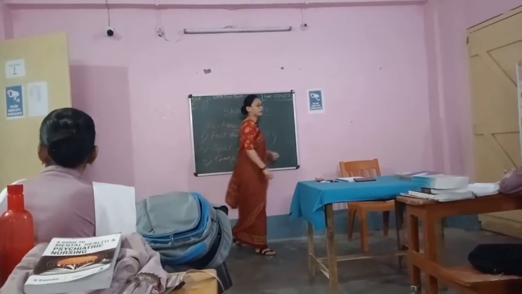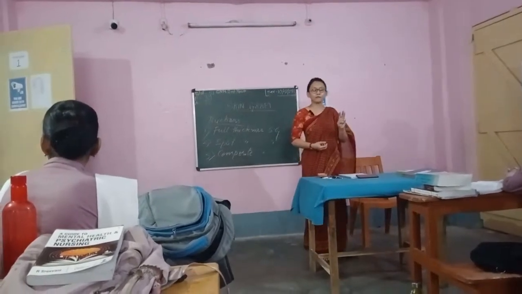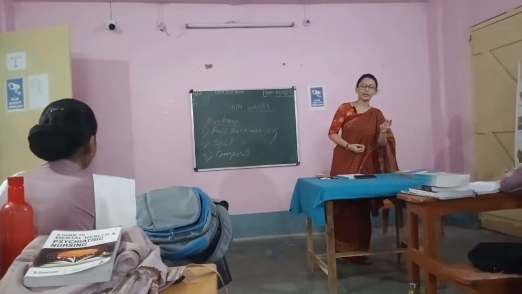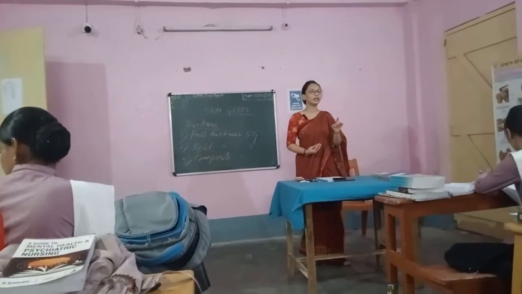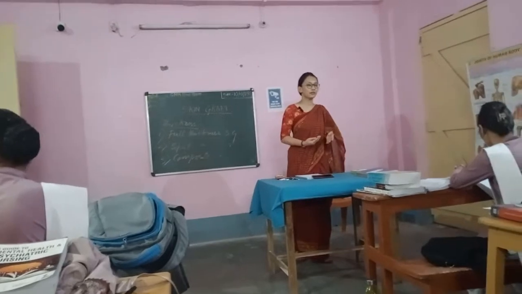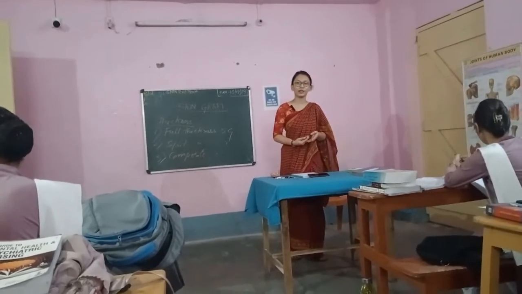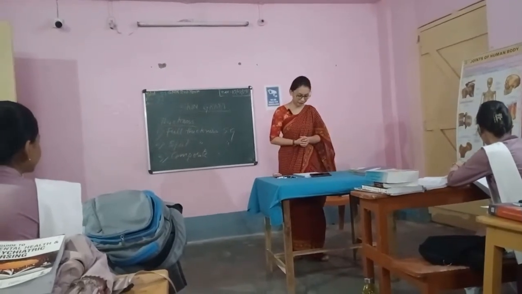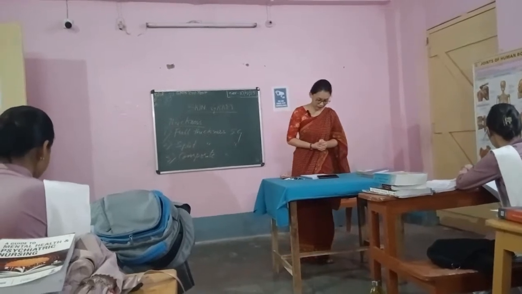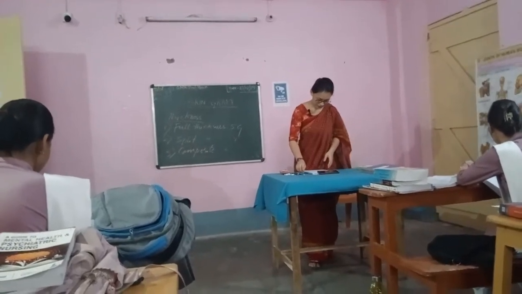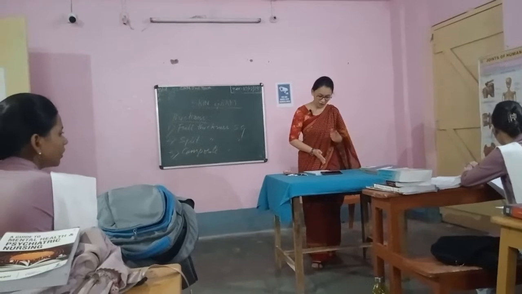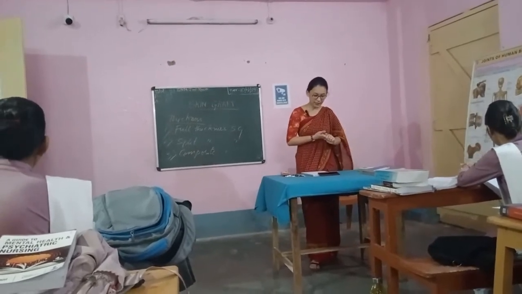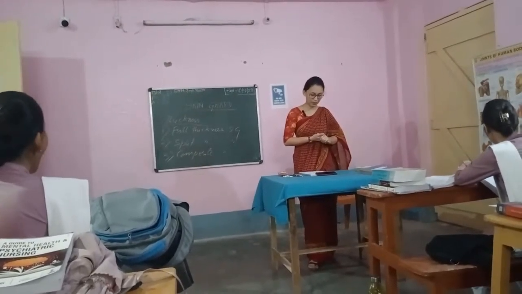First, let's come to full thickness skin grafting. In this process, both the epidermis and dermis of the skin are taken. It consists of the entire dermis and the epidermis.